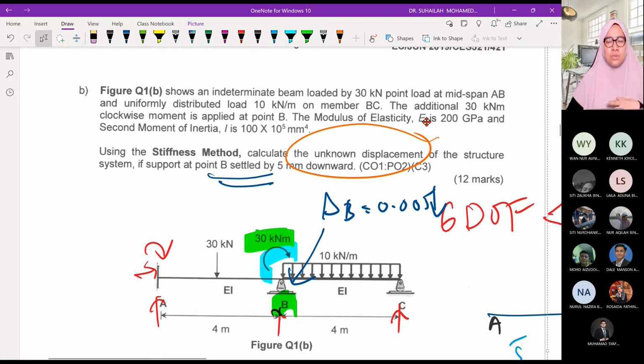We want only that. But don't forget, we have to include position number 4, because at position number 4, D4 has a value.